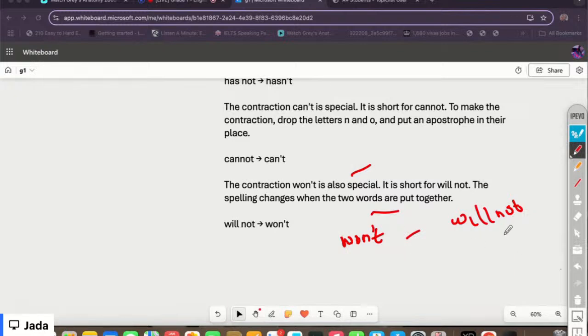So will not is very special because we have W, I, two L's, then not. But when the two words are put together, it becomes won't, with the apostrophe. So you have to take notes that can't and won't are very special contractions. They are not like the other contractions that we have.